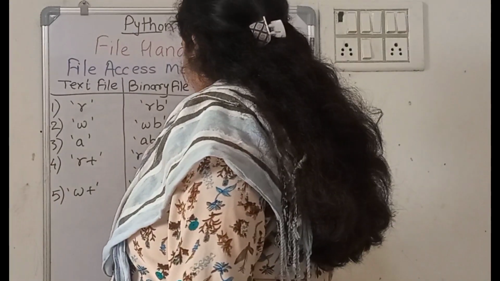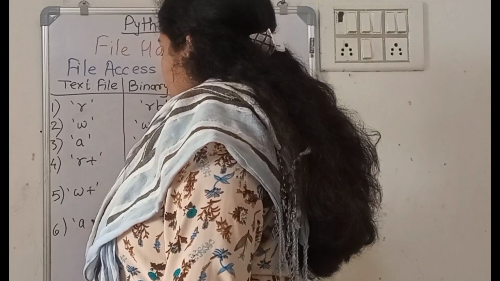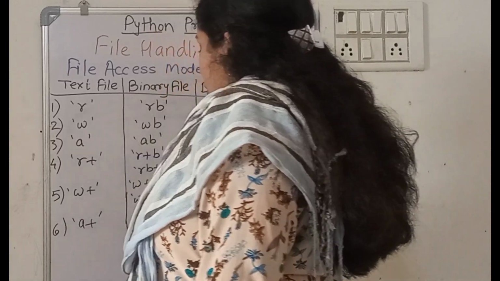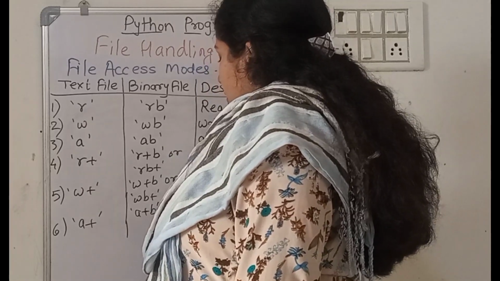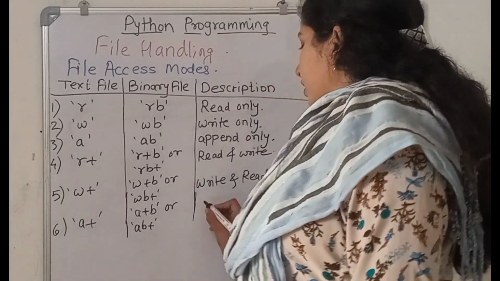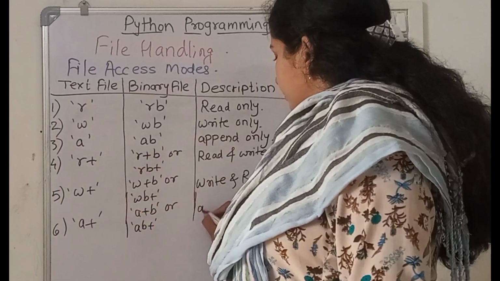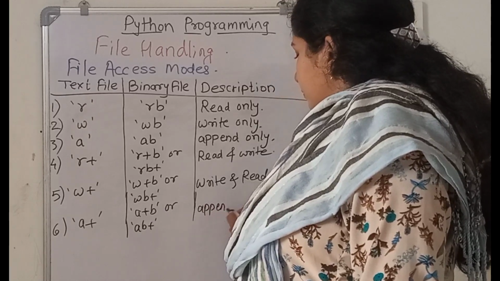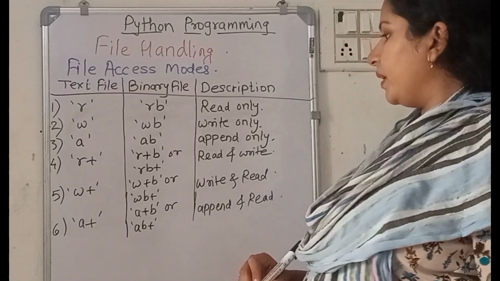And then the last, the sixth mode, is A plus, and in binary A plus B or AB plus. Here, append and read.